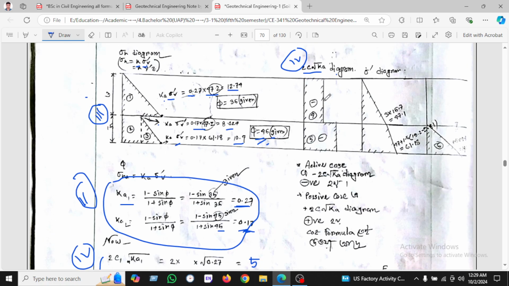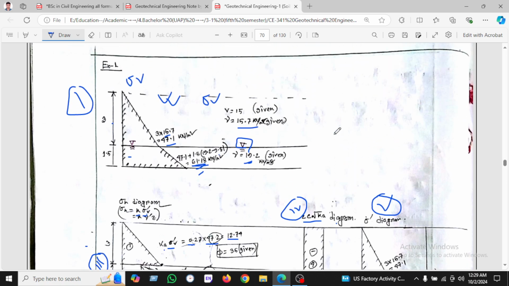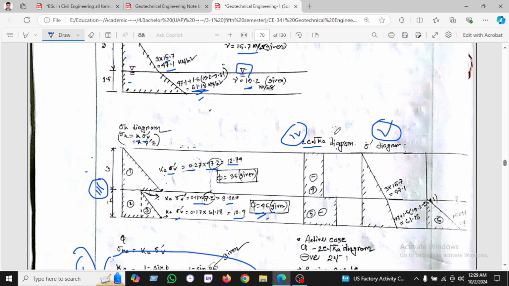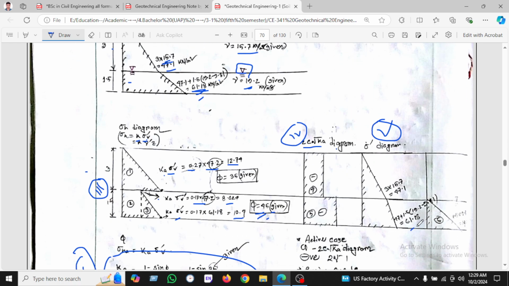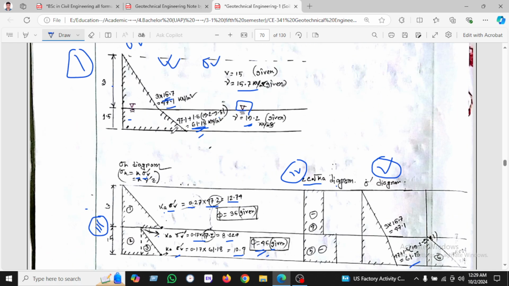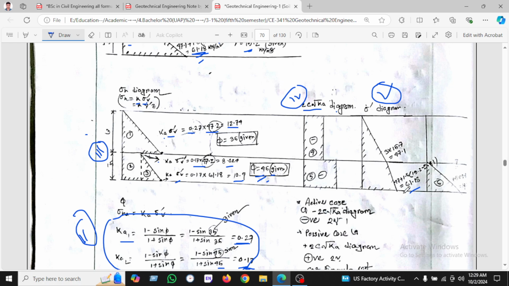Putting all this in the diagram, and then we will calculate the sigma effective diagram, which is 3 into 15, and here is 3 into 15.5, and then the last one 47 plus 1.5 into 19 minus 7, and found there. This will be our number 6 step, which is pore water pressure.